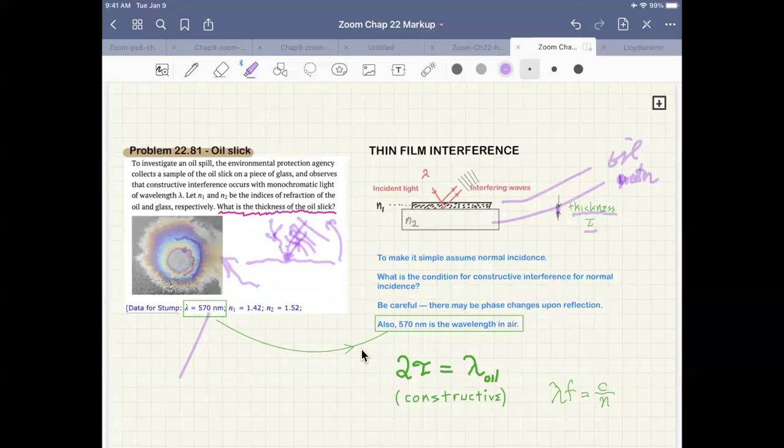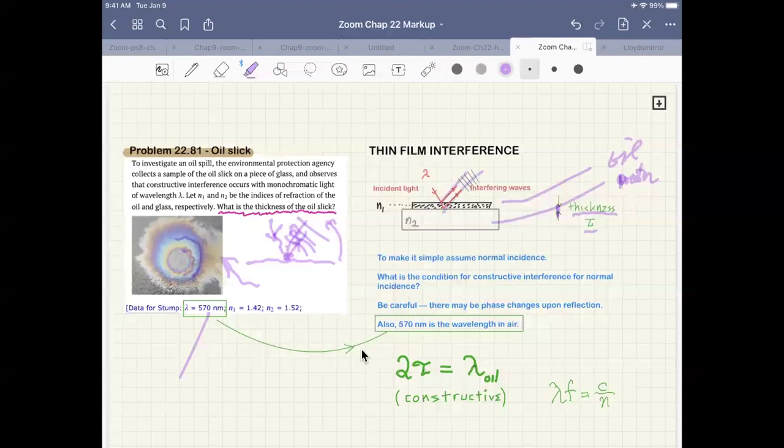If 2 times the thickness is an integer number of wavelengths, then the two waves coming from the top of the oil and the bottom of the oil will interfere constructively. And so you'll have a bright ring of yellow light. So you need 2 times the thickness to be the wavelength.